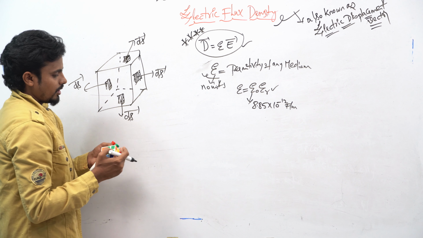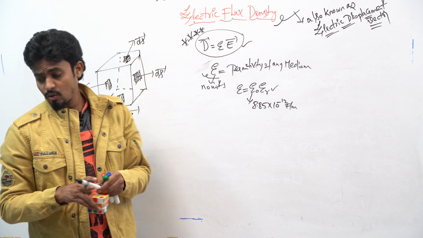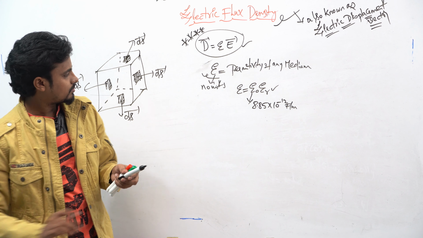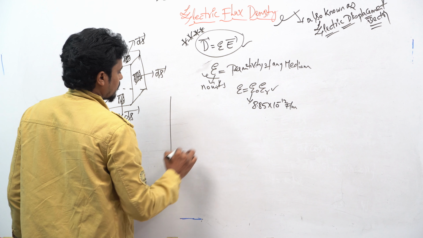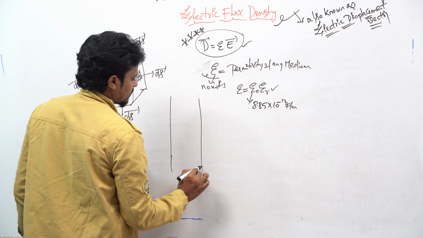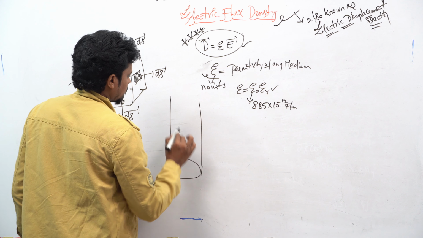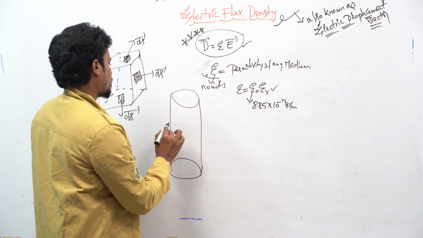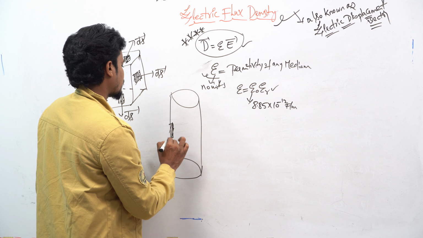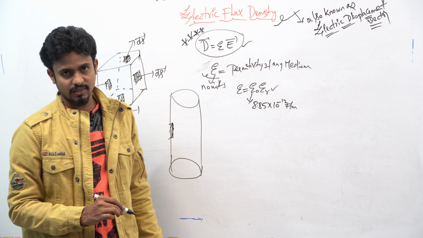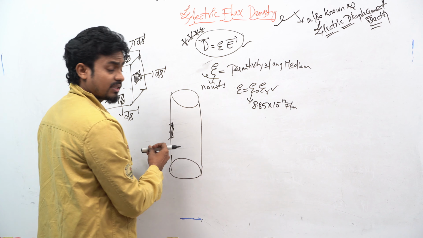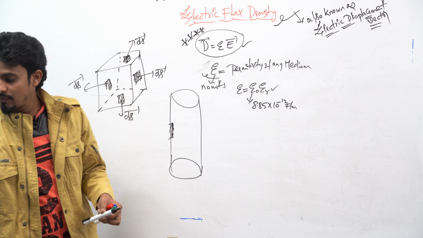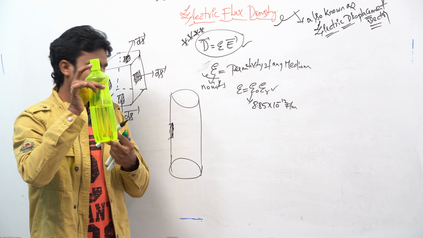Similarly, if you want to take a cylinder, what will happen? Suppose you take your differential surface here. Inside it can't be possible, because a lot of mass is present. Assume this is your cylinder.